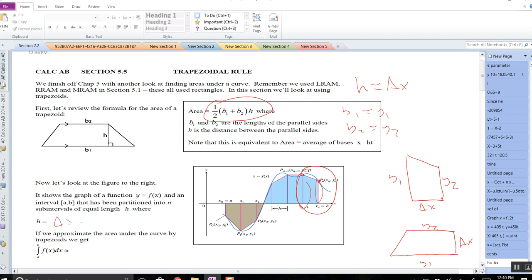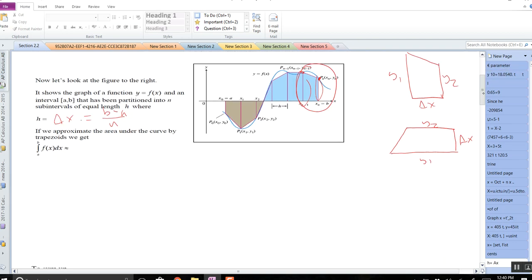Your height is delta x, which is (b minus a) over n, because we have n subintervals. We are going to partition this into equal lengths for now, and then we'll talk about when they're not equal subinterval lengths.